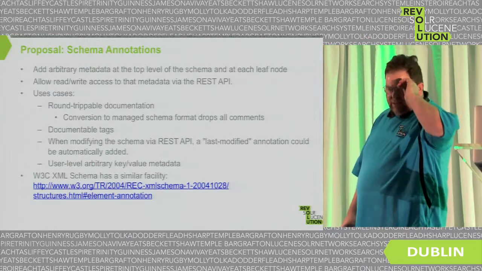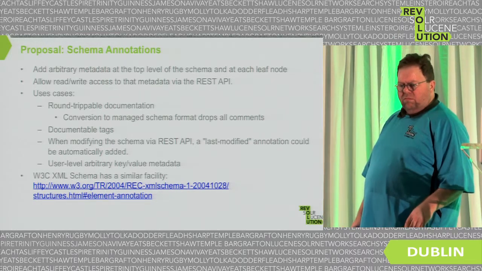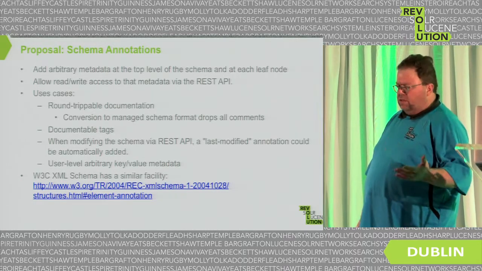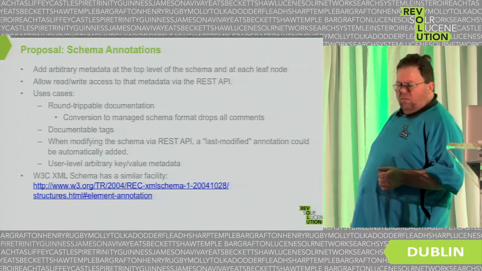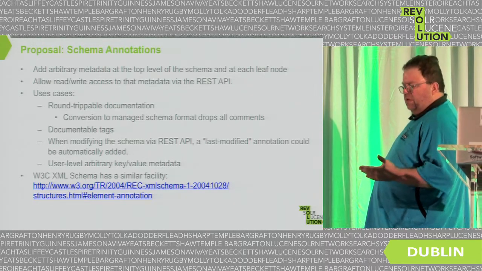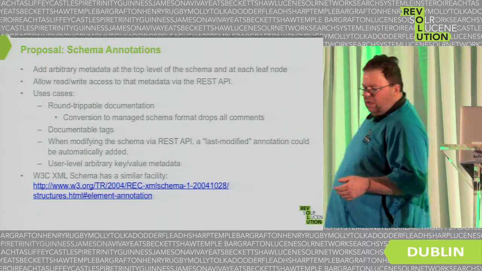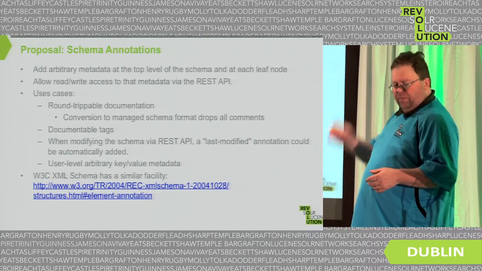So this is the last section of the talk. I made a proposal to the Solr development list about something that I'm calling schema annotations, which would add arbitrary metadata at the top level of the schema and at each leaf node, and would be writable and readable via the REST API.